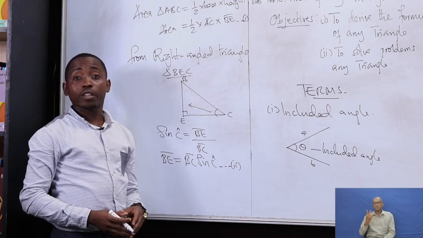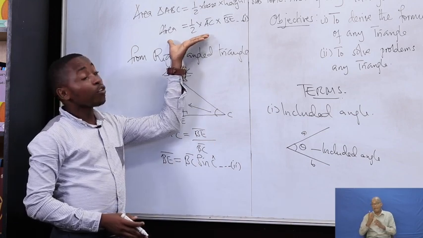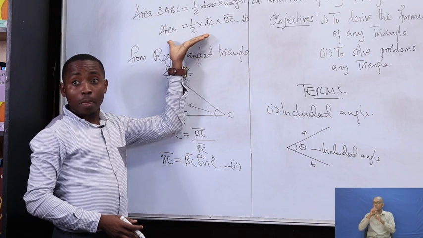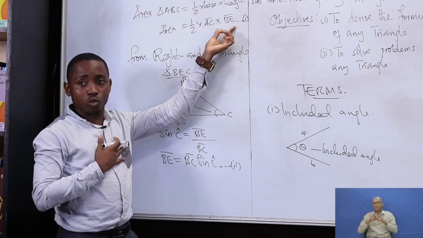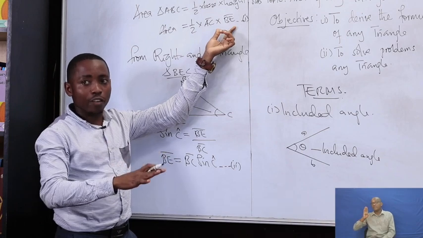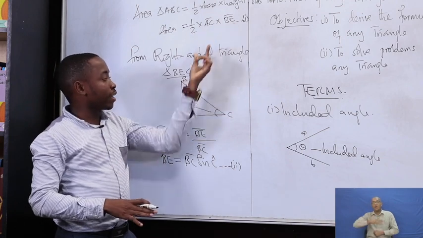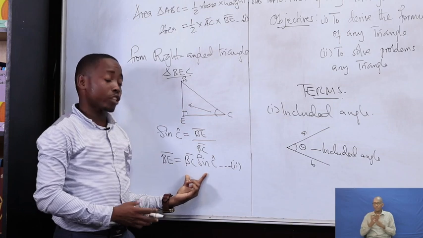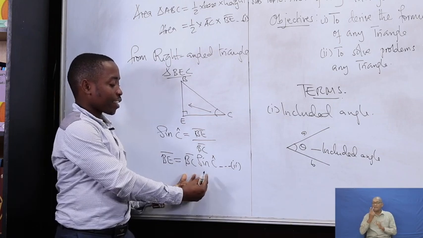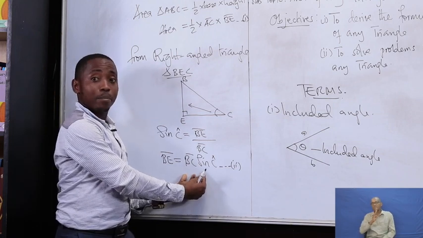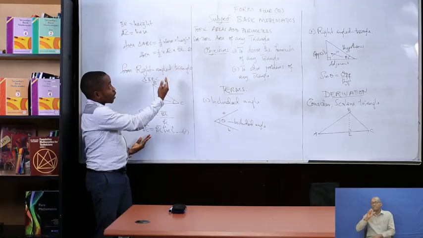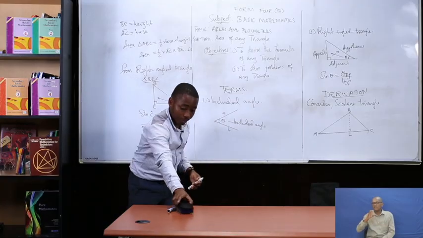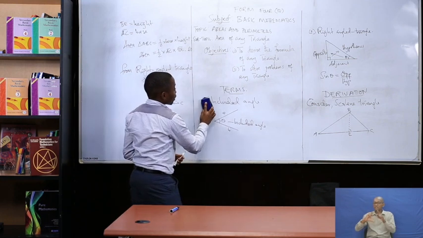The first equation is the general formula of our triangle, but we have this side BE which we constructed ourselves, so we have to eliminate it. We use the second formula, which says BE is the same as BC multiplied by sine of angle C. So let us take this and substitute it in the first equation. What are we going to get?